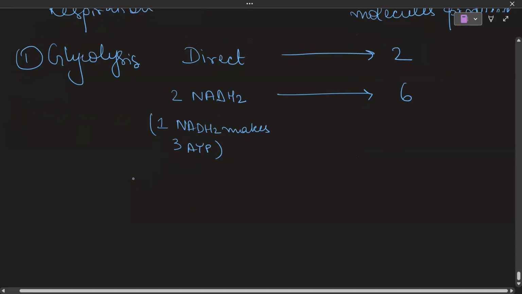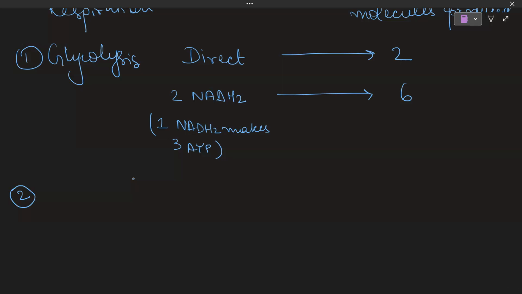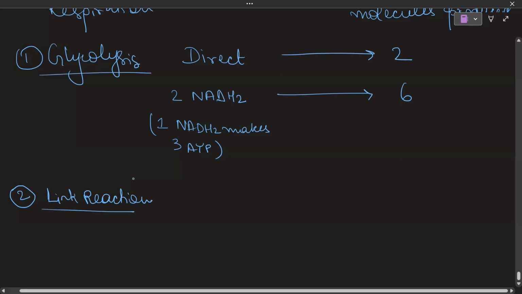Now, the second stage is pyruvic acid to acetyl coenzyme A. Do you remember the link reaction? It is where the pyruvic acid formed after glycolysis was made into acetyl coenzyme A so that it can enter the citric acid cycle.